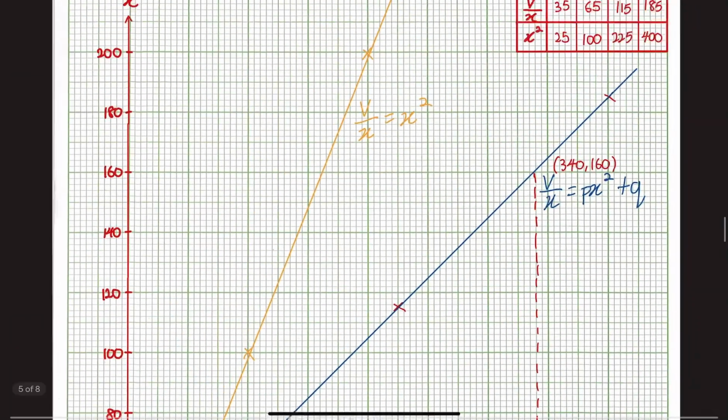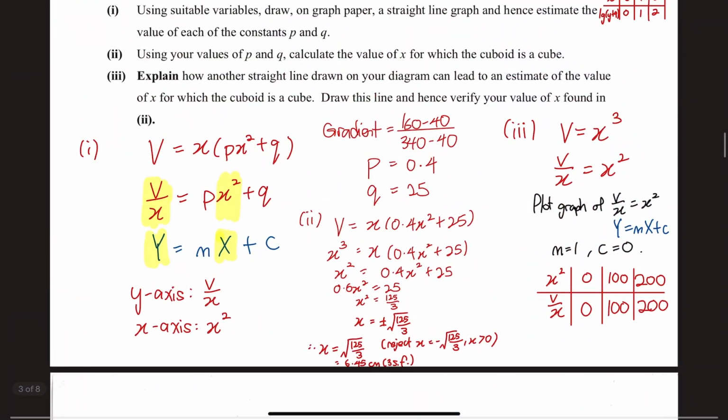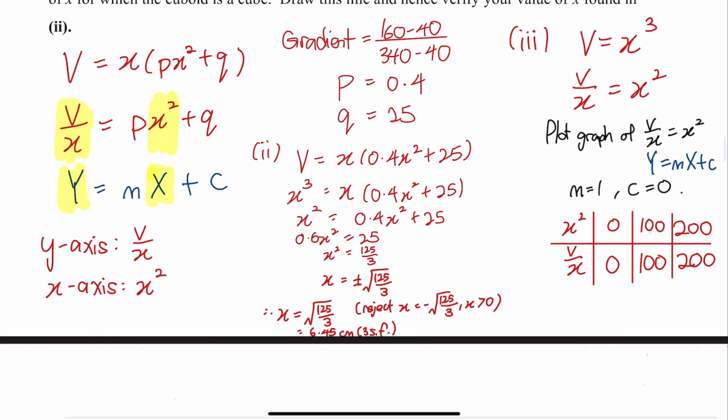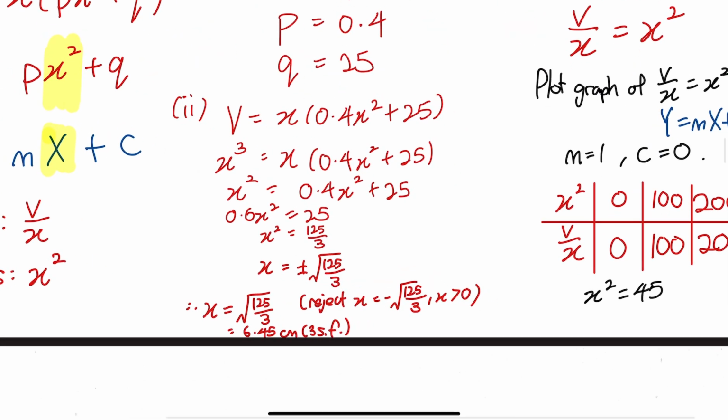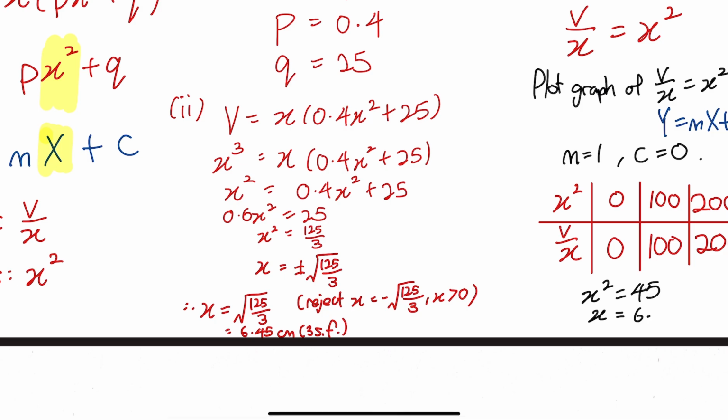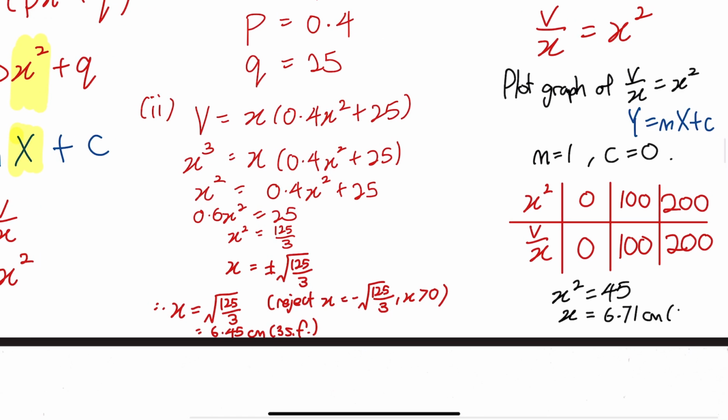Okay, so this means that for part 3, for the last part here, x squared is equal to 45. So therefore, to verify the value of this, I just need to square root 45. To get square root 45, I will get x equals 6.71 cm (3SF).